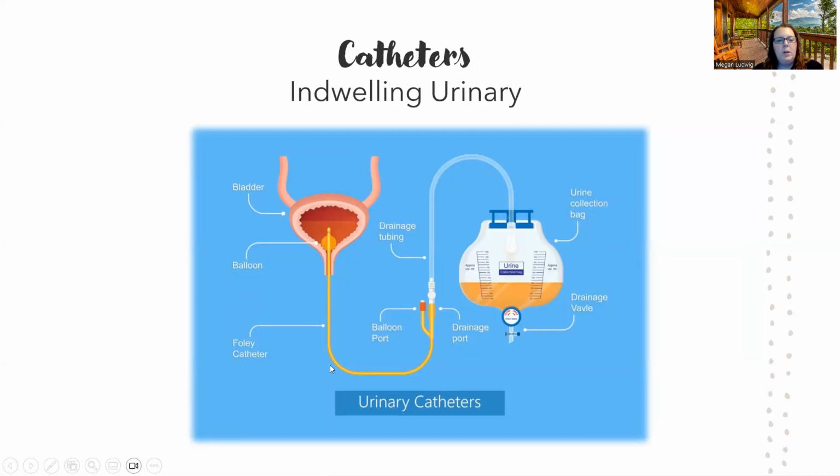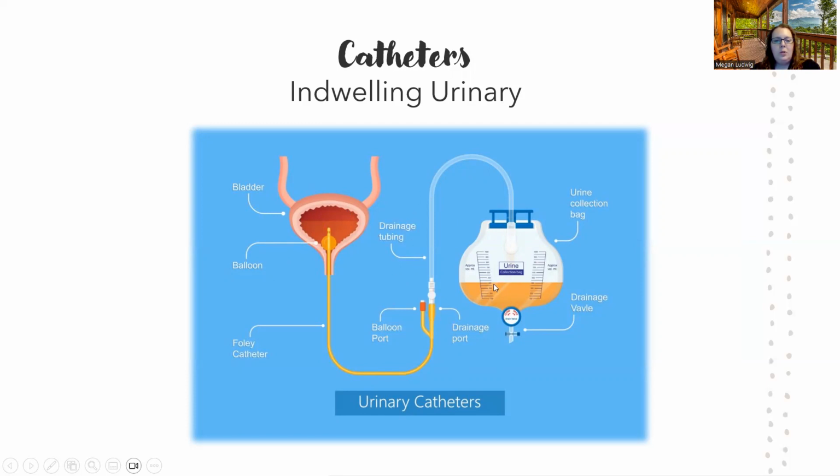Okay, it goes into the tube itself, and then the bag, again like the chest tube, needs to be kept at the level of the patient or lower, so you don't have any backflow. It could cause infection, UTIs, kidney infections if you don't let that drain. You don't want that. So keep it low. There is this extra little port coming off the side to inflate the balloon with sterile water.